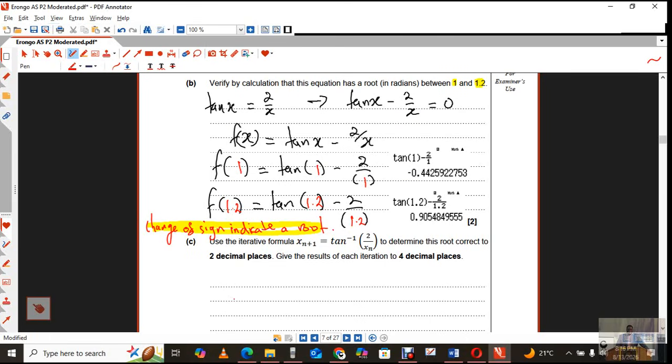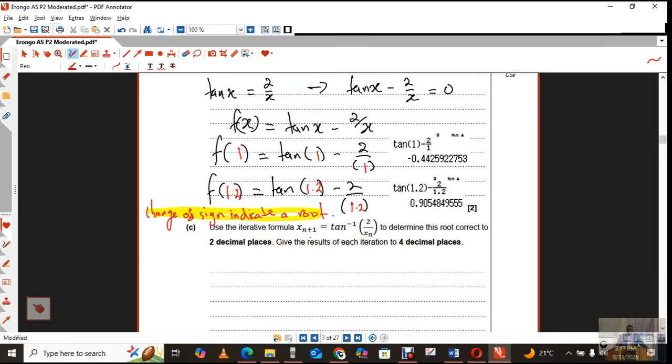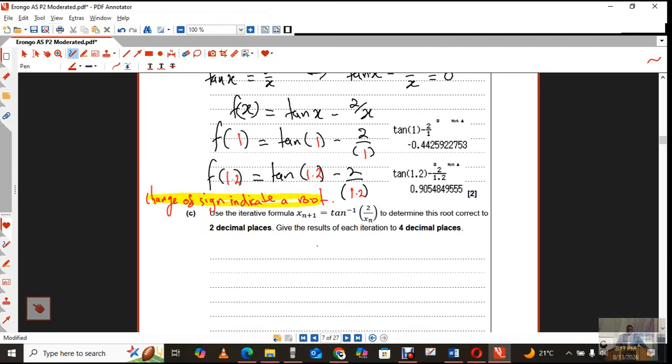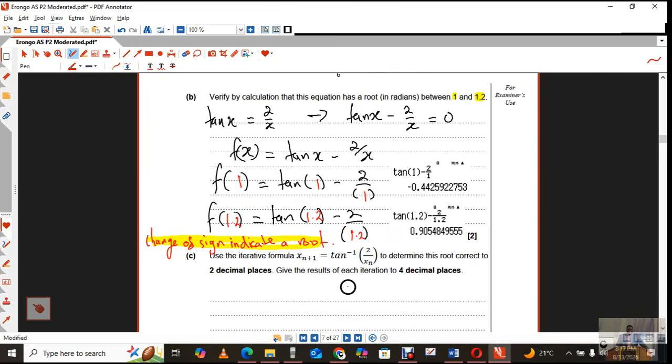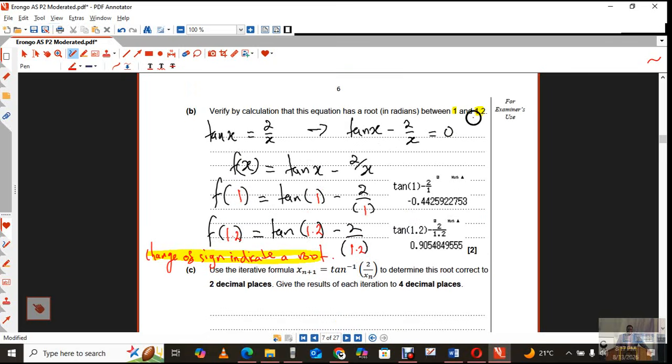That's going to bring me to the next question. We're going to find an iterative formula. The iterative formula is x subscript n plus 1 is equal to the inverse tangent of 2 over x sub n. So the idea is for us to find the root, which lies between 1 and 1.2.